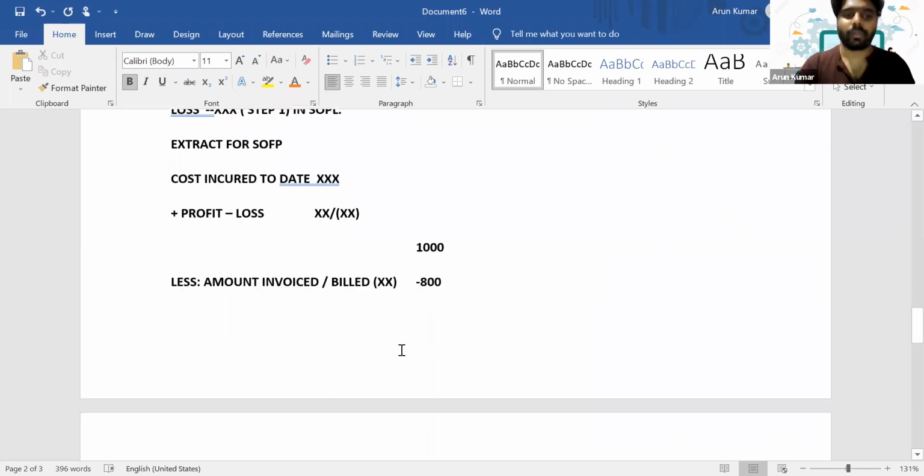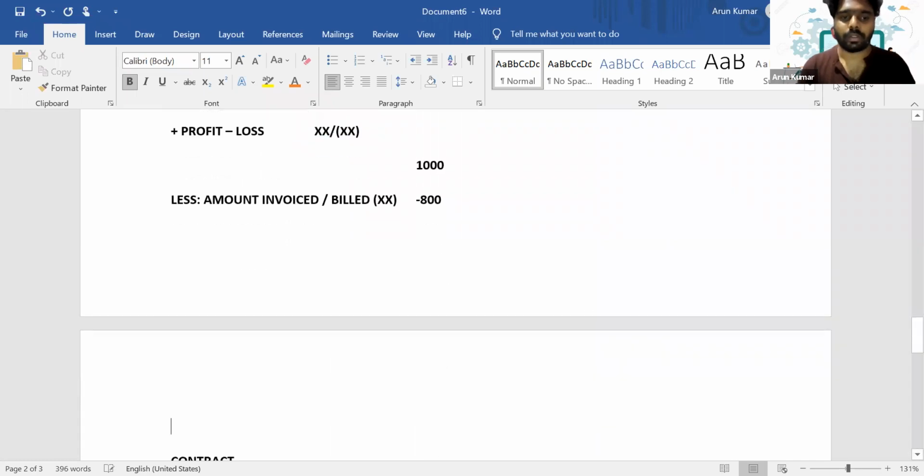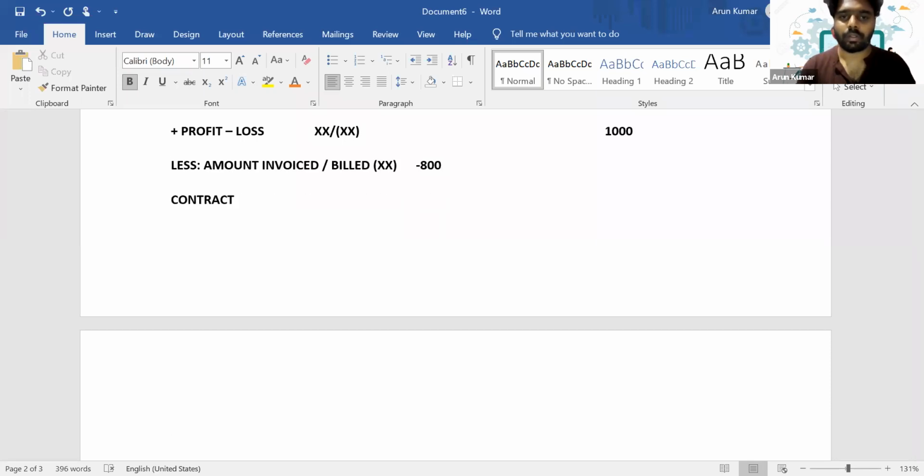In that scenario, what does it mean? We have the right to receive another 200 from the customer. The amount due from the customer is 200. So this 200 will be accounted as a contract asset.